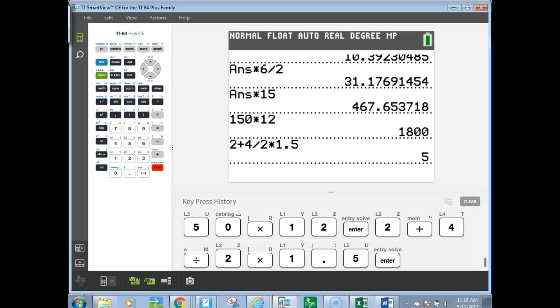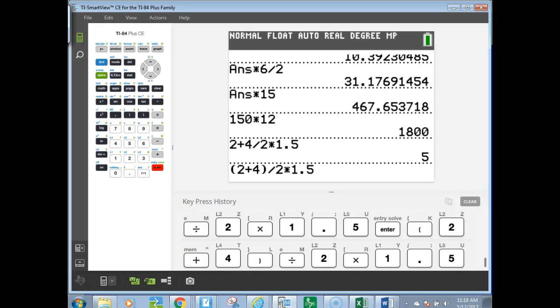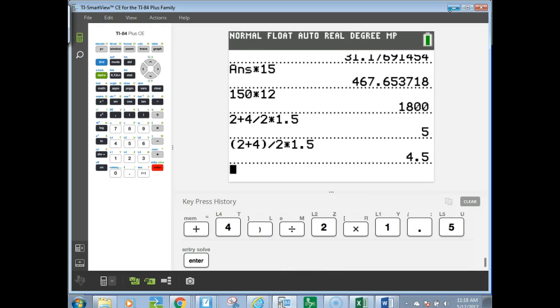What's wrong with the way it's typed? That's correct. You just found your own mistake. If you do 2 plus 4 first, if you're telling it to do that first, then hit divide by 2, that is critical to getting the answer right. This is the correct area of that base, 4.5.